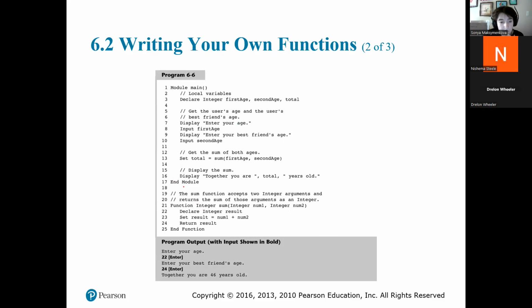Here we're declaring our local variables, obviously: integer first age, second age, and total. Then we ask for the user's age, and the user's best friend's age, so first age and second age right here. Then we get the sum of both ages. And as you can see, this is our function, sum, and it looks the same as a module.